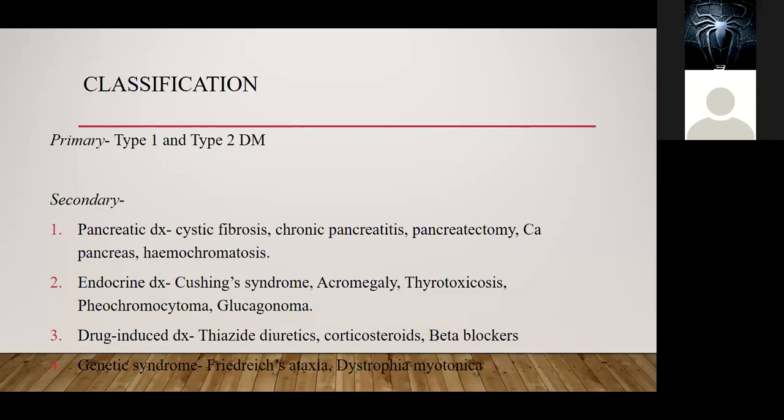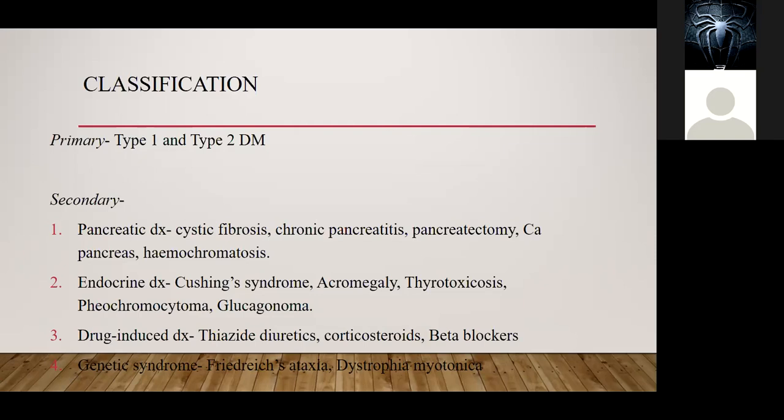pancreas. And in type 2 diabetes, there's some sort of insulin production, but the function of the insulin is not really seen because there is a resistance to the insulin that is being produced by the pancreas.